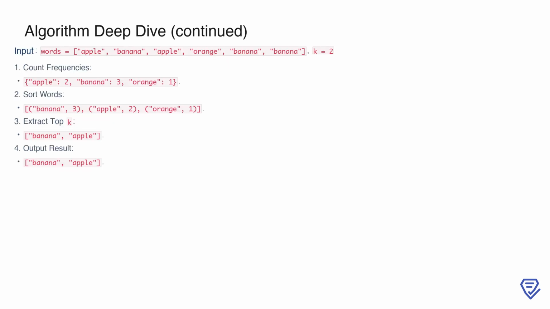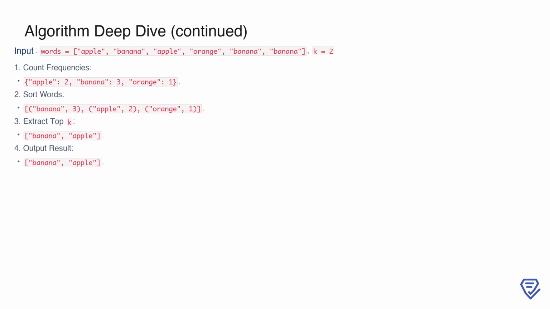Let's walk through an example to solidify our understanding. Given the input words equals apple, banana, orange, banana, and k equals 2, we start by counting the frequencies of the words. This yields the dictionary, apple, 2, banana, 3, orange, 1. Next, we sort these words based on frequency and lexicographical order, resulting in the sorted list, banana, 3, apple, 2, orange, 1.